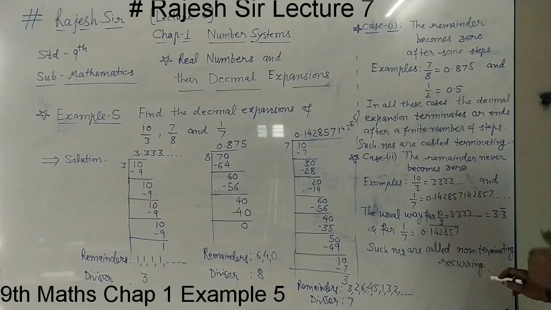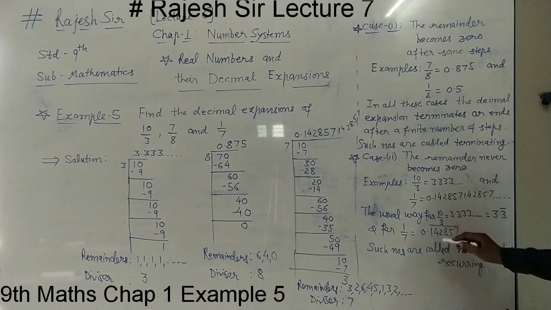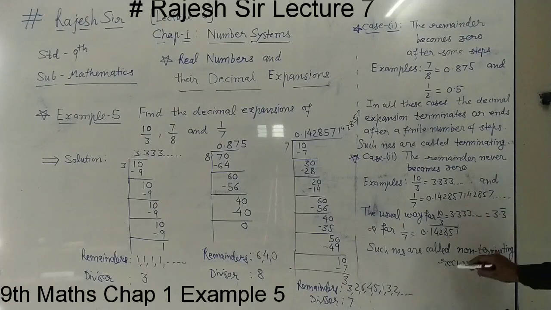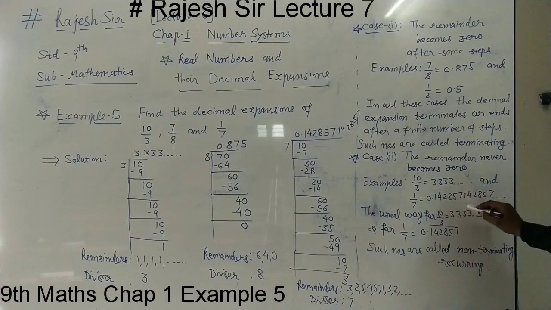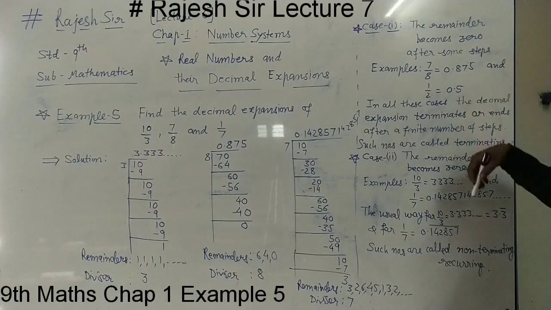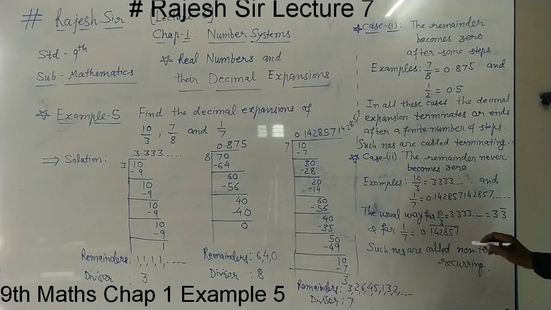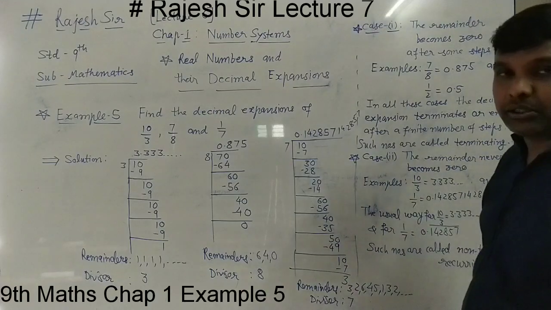Recurring means repeating. So these numbers are called non-terminating because they are not ending, and recurring because the digits or some group of digits are repeating. So this is the definition of terminating and non-terminating numbers along with recurring numbers.